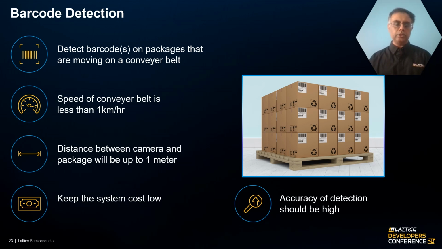With image processing, you can detect multiple barcodes, whether moving on a conveyor belt or standing still. We were engaging with customers interested in solving this kind of problem and wanted to see how our solutions can enable them.